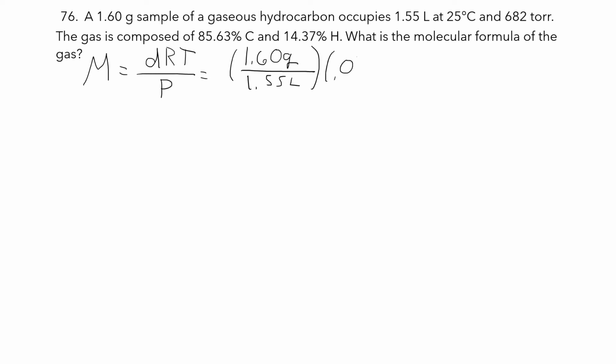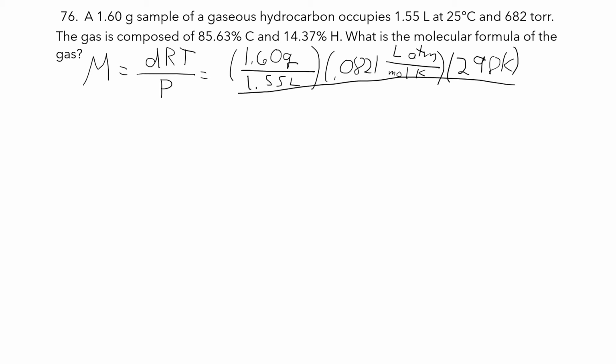R is 0.0821 liters times atmospheres over moles and kelvins. And then the temperature is 25 degrees C, but we can't use that. We have to add 273, and we'll end up at 298 Kelvin.